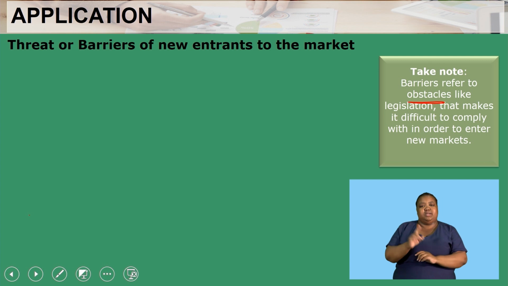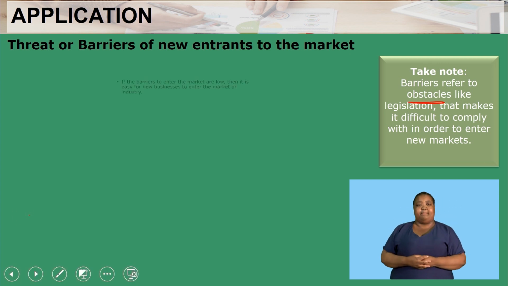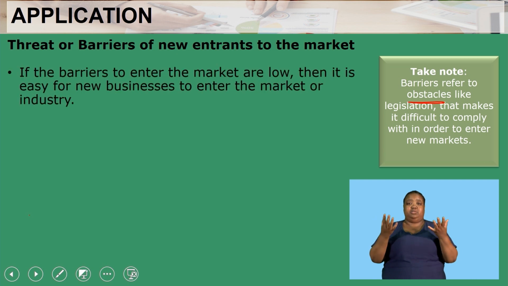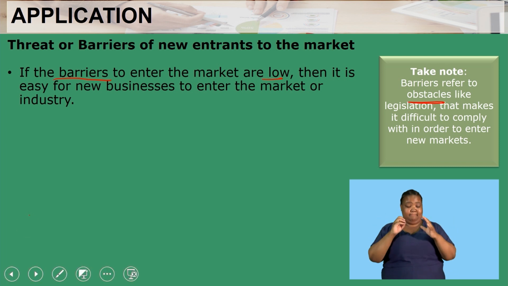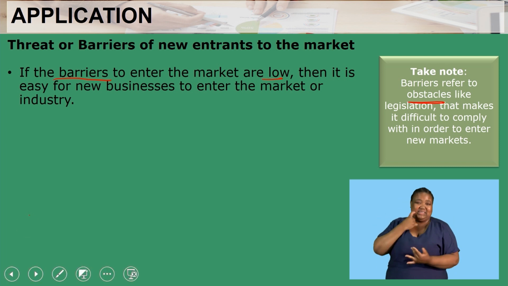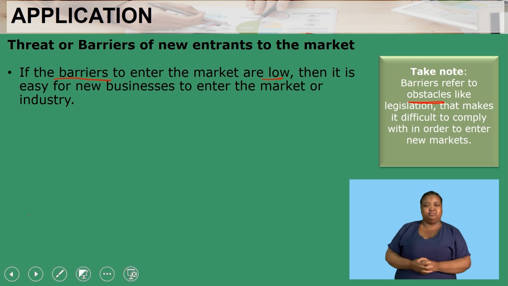So what are those challenges or obstacles for new entrants to the market? Right, it says here, if the barriers to enter the market are low, then it is easy for new businesses to enter the market or the industry. How easy is it for other businesses to enter the market? That's what threat of new entrants to the market means.